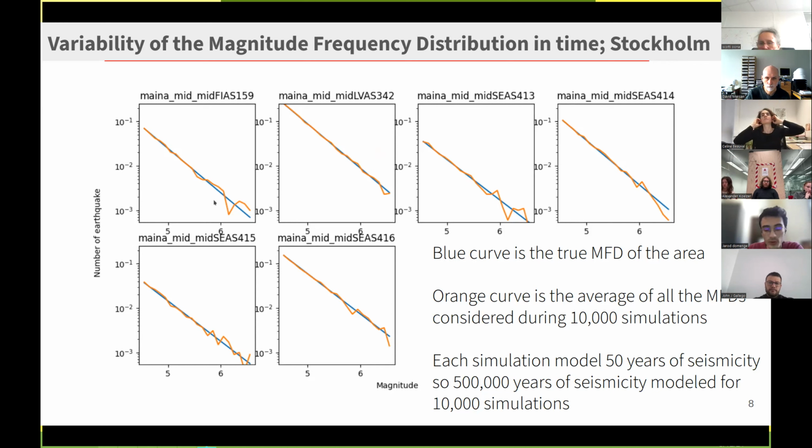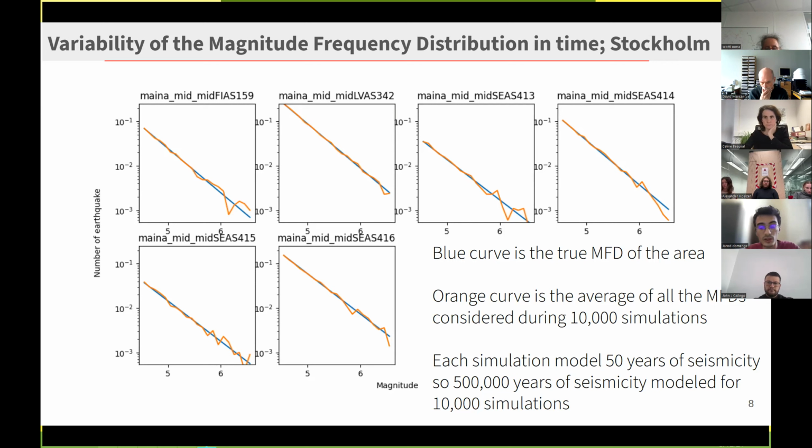So what we do is we create 10,000 simulations in this case. And what we want to do is to see what happens if we take the average of the MFD, because I told you that for each simulation, I will not have the same number of earthquakes.